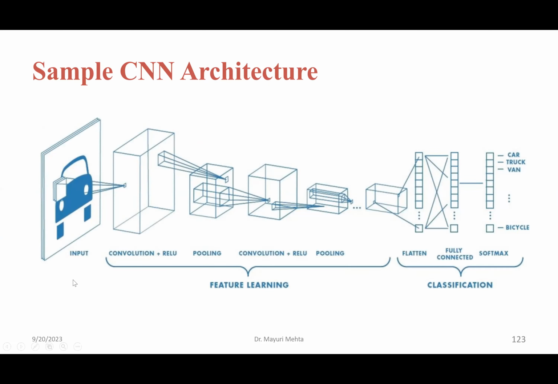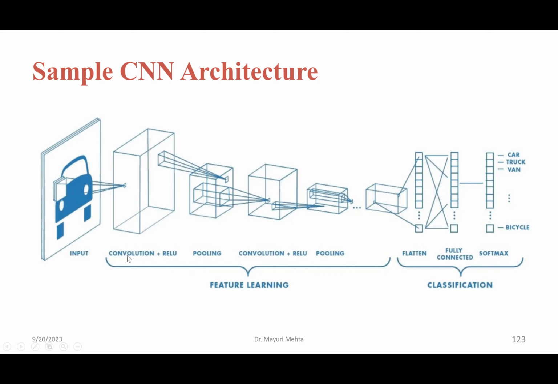As you can see, to overcome the problem with feed-forward neural network, we can use this CNN. This figure shows the sample architecture of a convolutional neural network. As can be observed from this figure, there are 4 building blocks of a convolutional neural network.